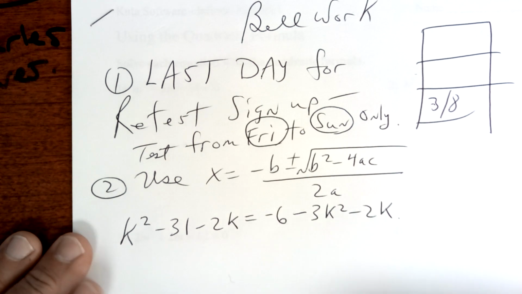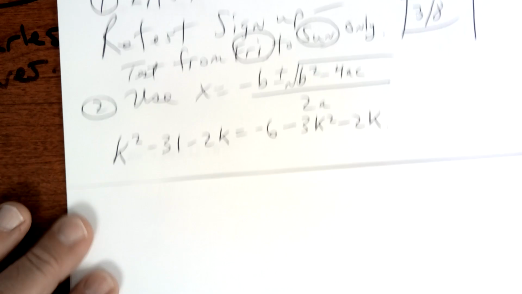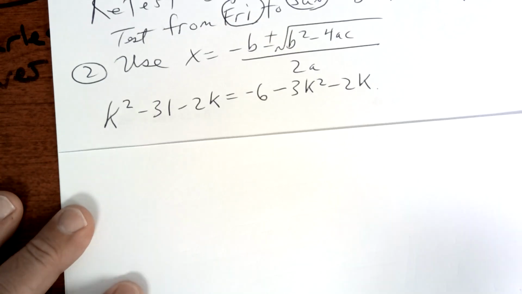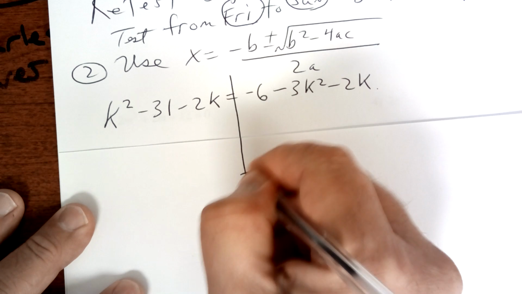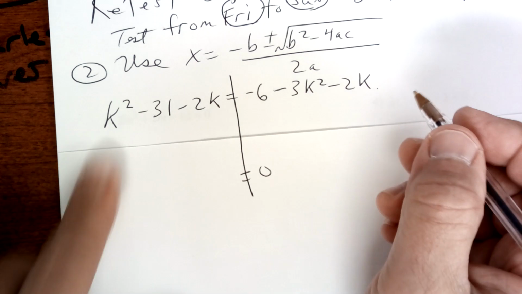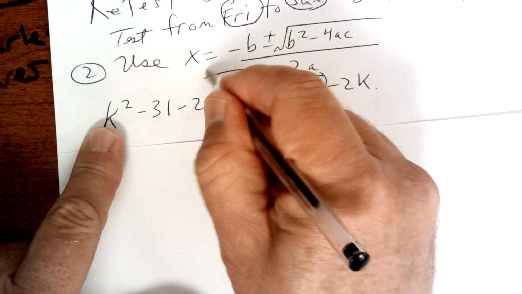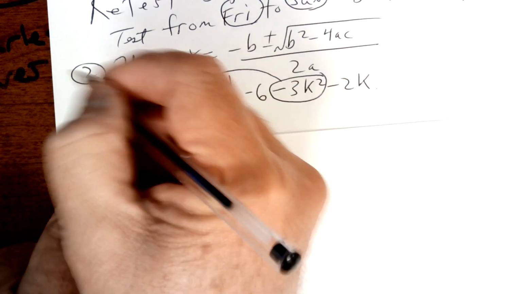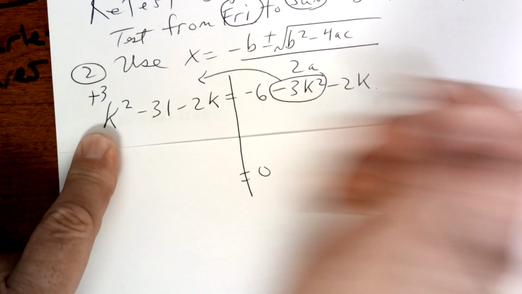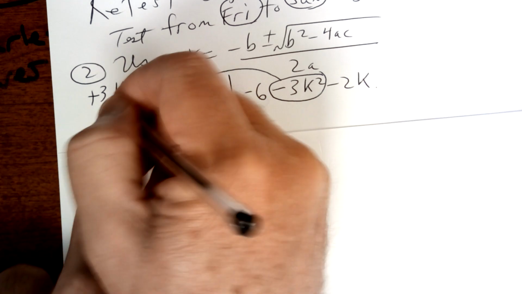This one right here, you have to get it equal to 0 first. So draw a line, put equals 0. Now, you want to move the 3x squared, which is a negative, but it's going to change to a positive. So put plus 3k squared, rather. That gives you 4k squared.